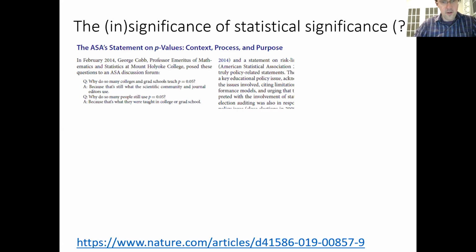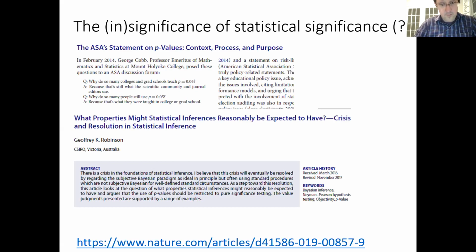That's what they were taught in college. So there's this cycle that is infinite and would never get broken out of, even though the statistics community recognizes it has some problems. This paper, straight from the first sentence of the abstract, says there is a crisis in the foundations of statistical inference.